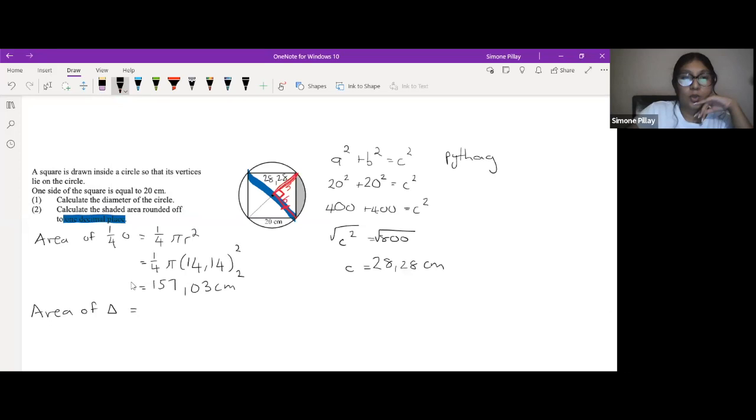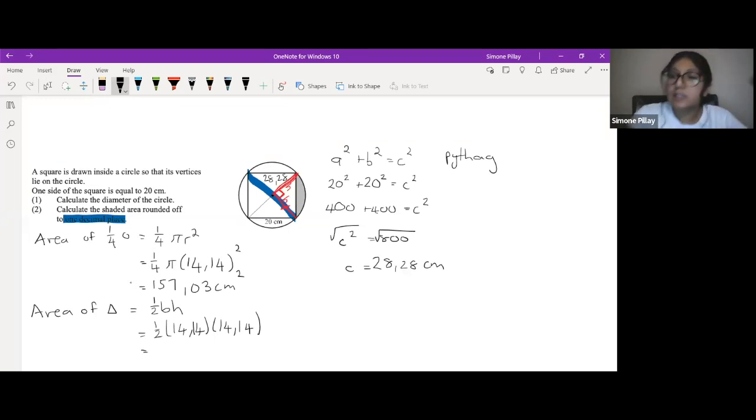So let's change my color back to black. Let us go half of my base times my height. It's going to be half of 14,14 times 14,14. And what is that going to get me? Divide that by 2.